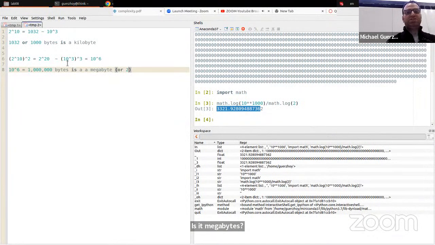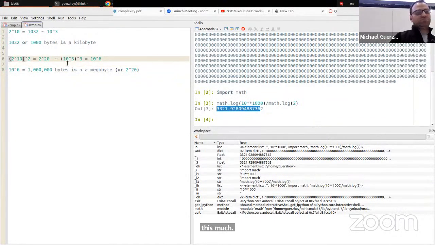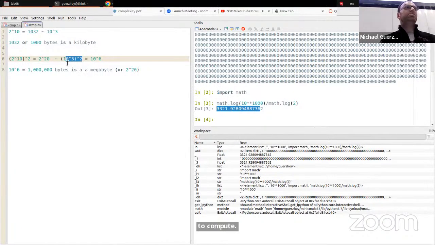Or approximately, 2 to the 20, which is approximately this much. So that kind of thing, where you can just say, if you square this, it's 2 to the 20. Sorry, this is squared, of course. If you square this, it's 10 to the 6, and those are still the same, can be used to compute any kind of logarithms. Make sense?